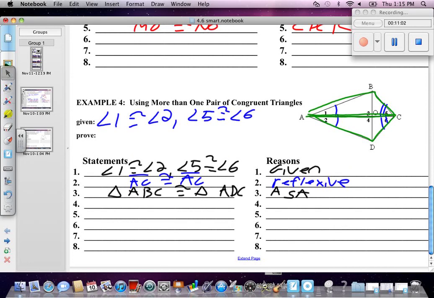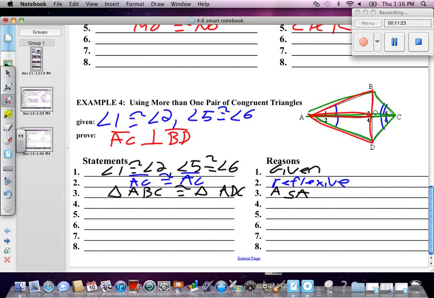Okay. Here's the hard part. I'm trying to prove that AC is perpendicular to BD. Well, BD is in the middle of my triangle, so I've got to look at this triangle as well.